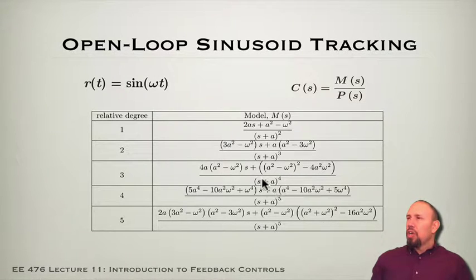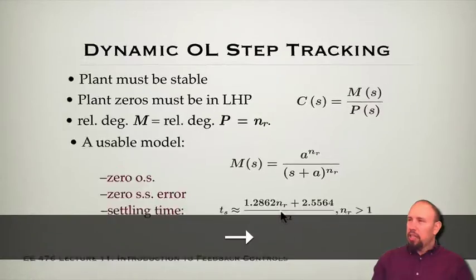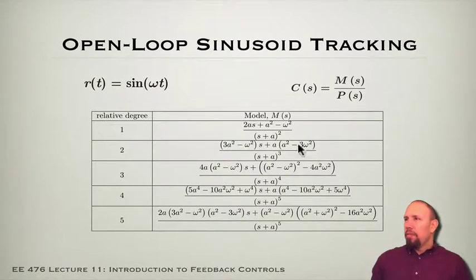Notice that this controller is a function of both some parameter A and the frequency W of the sinusoid. You can choose A roughly of this form to satisfy this kind of situation. This is a rough approximation of the settling time for a given value of A and relative degree. It's not perfect, but it gives us something close.